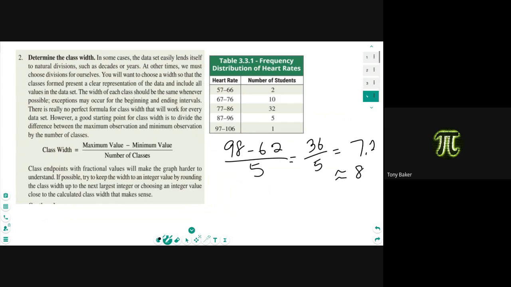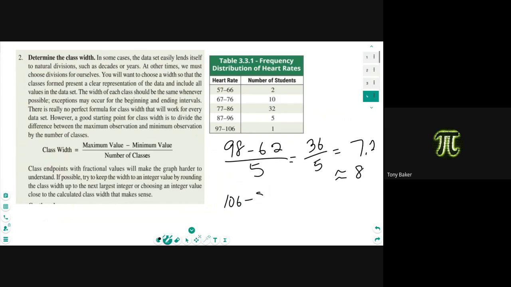But they did a class width of 10. So is this a properly done frequency distribution based on this concept? Did they do it right? No. They did it by tens. They started at 57 to 106.